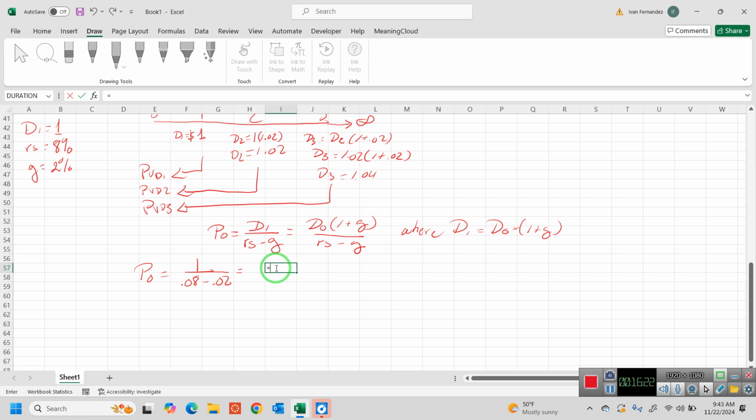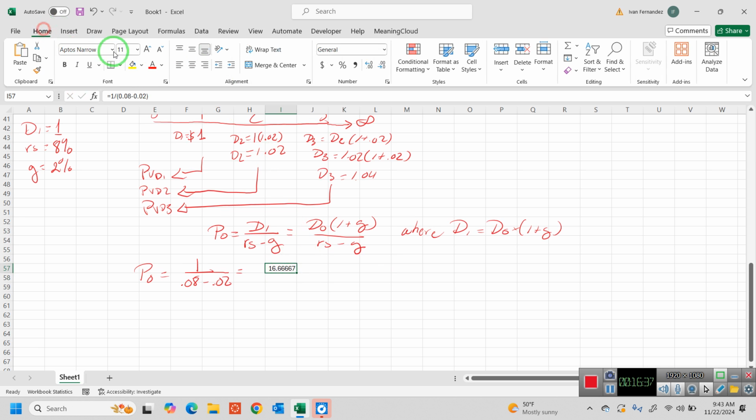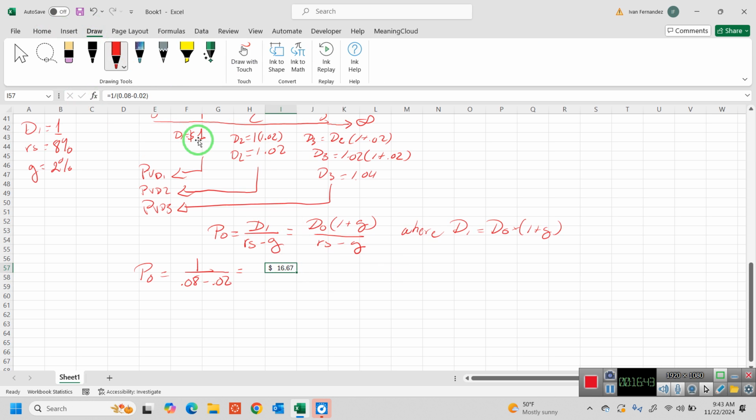There's no equal sign, PV, none of that. Okay, so 1 divided by 0.08 minus 0.02. Here you go. $16.67, that is the price of the stock today. Today.